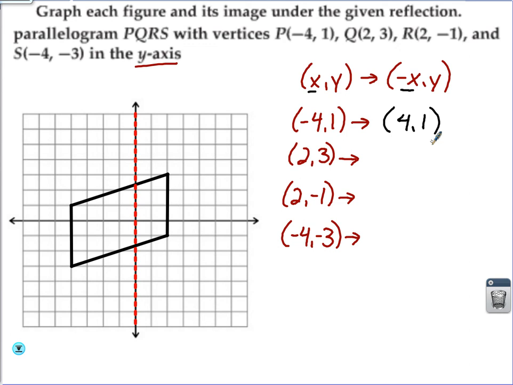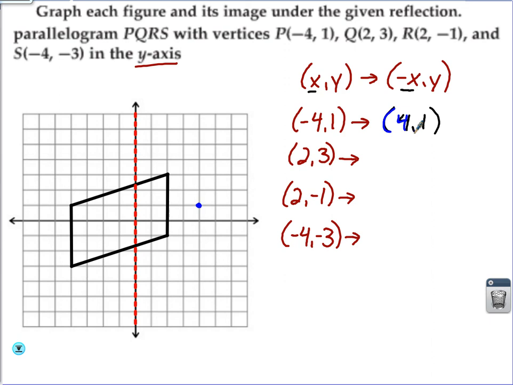If it's negative already, the negative of it is now positive. So (-4, 1) turned into (4, 1), which is 1, 2, 3, 4, 1. We can do a different color. So this point reflected over to here.